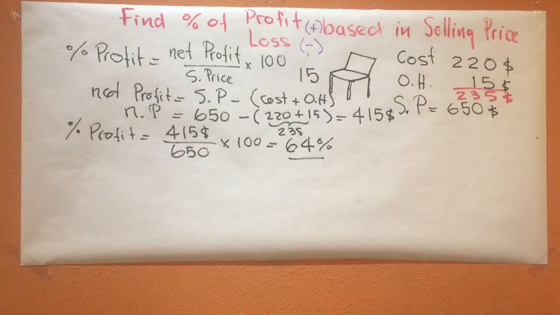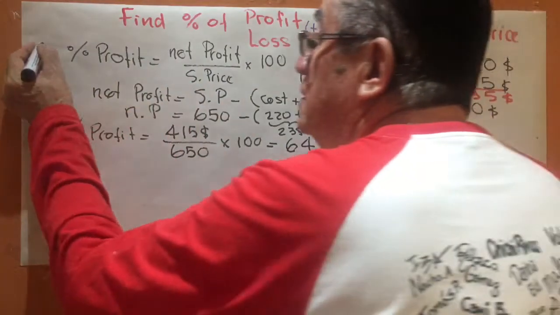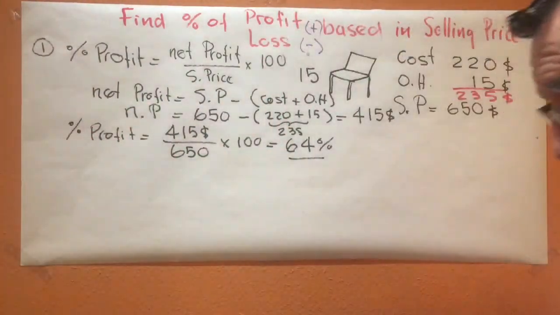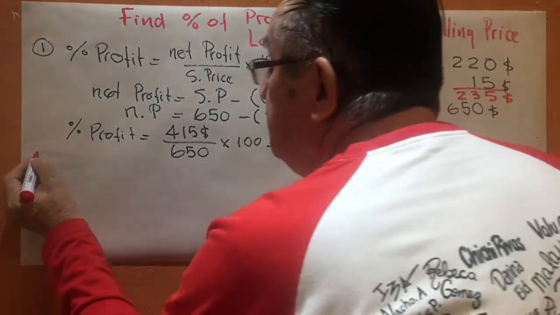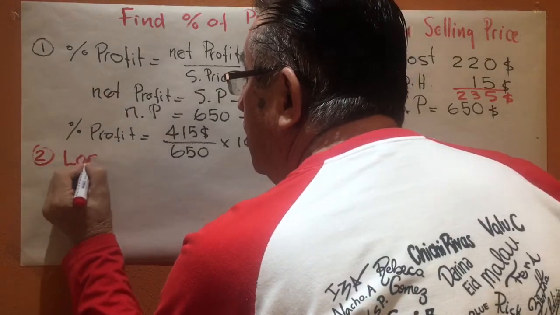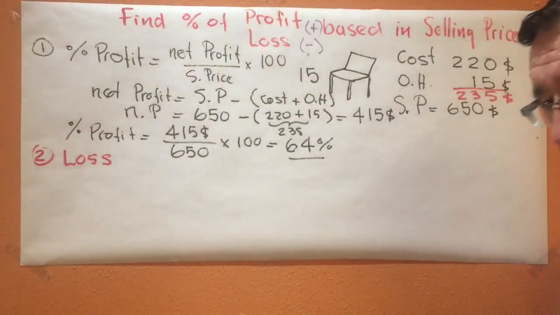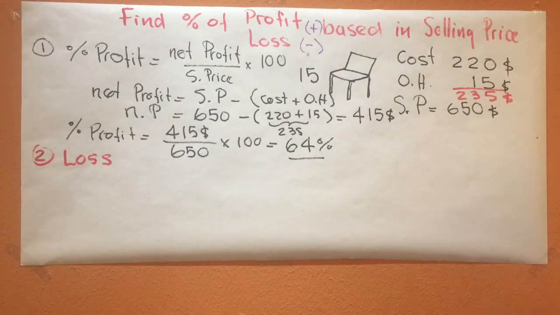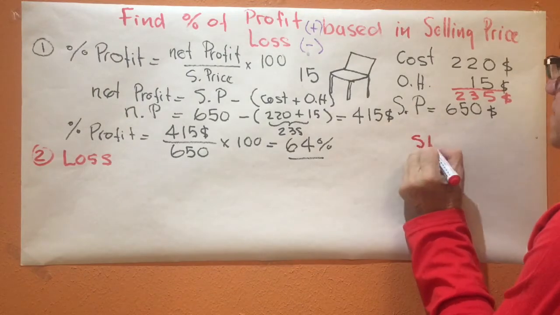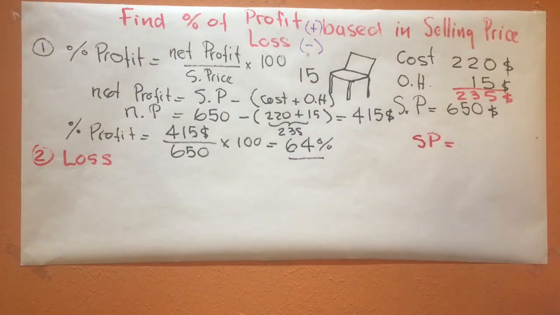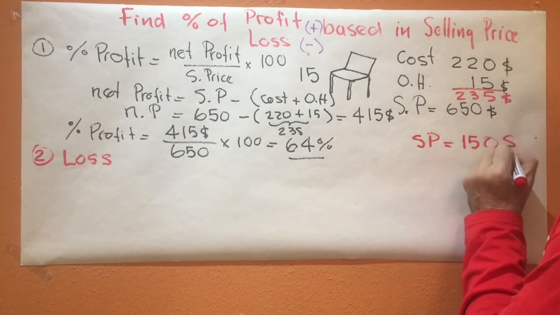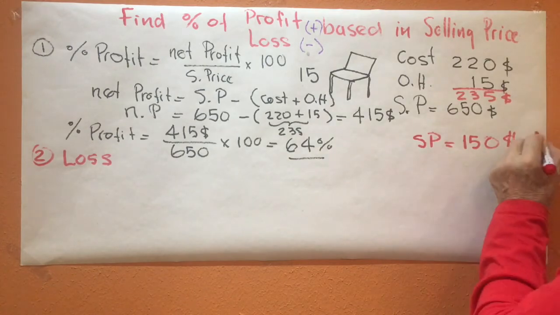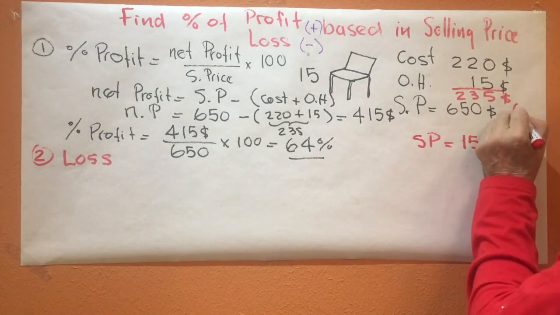Okay, this is case number 1. Well, sometimes things don't go very well, and you have to face what we call loss. Unfortunately, my new selling price for these 15 chairs was only $150. This is case 2, and this is case 1.